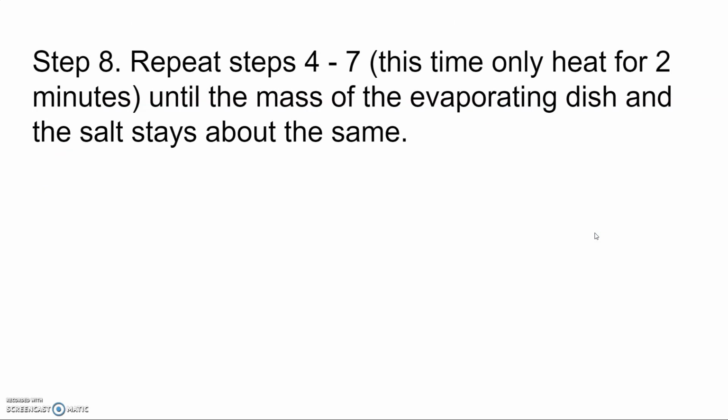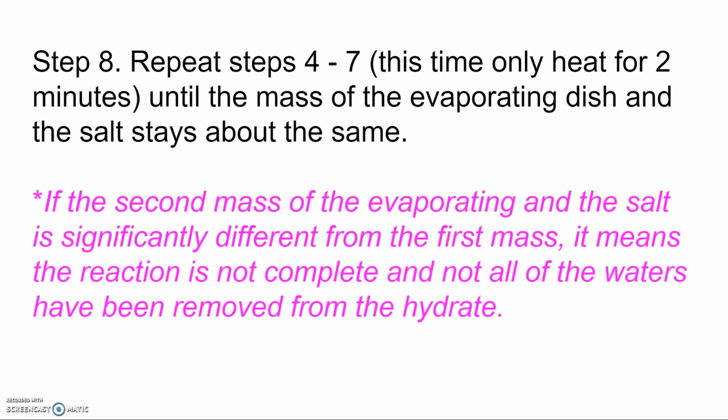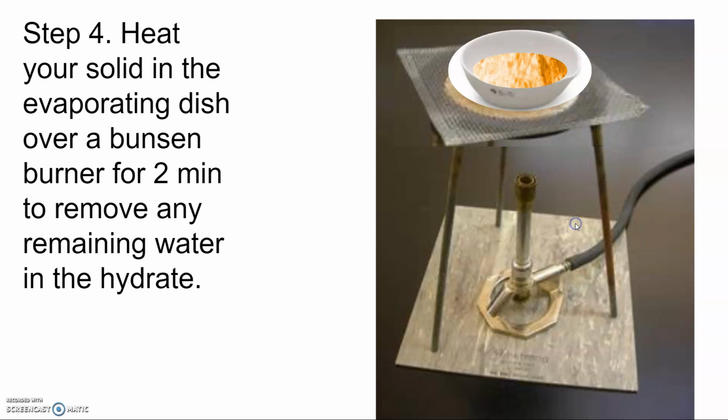If it's not, then we know that we haven't removed all the waters, and we'll need to repeat it again. We keep repeating it until the masses are about the same. So let's go ahead and do that.